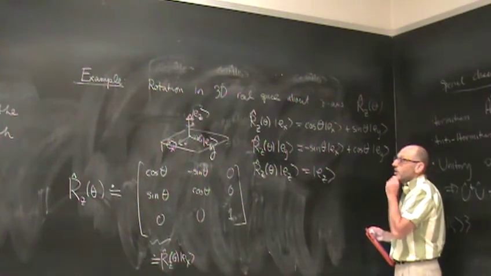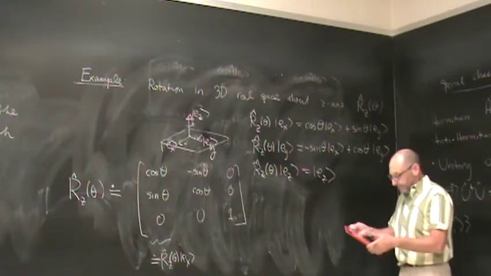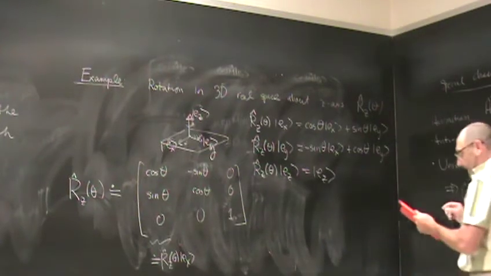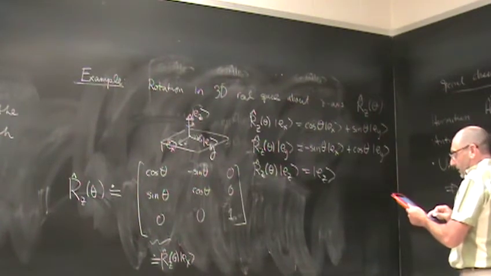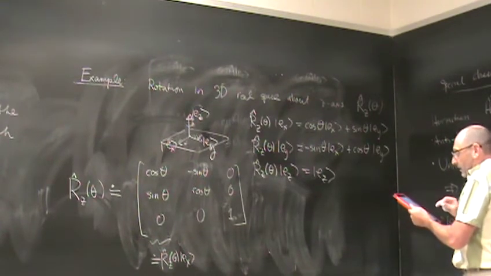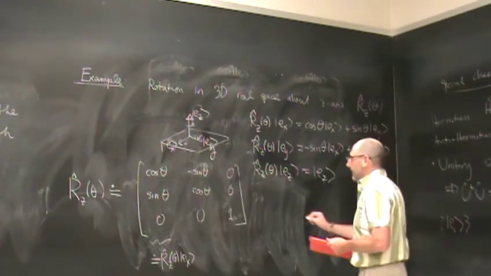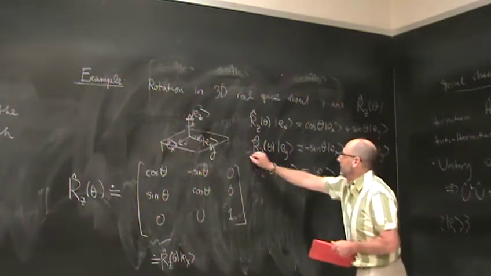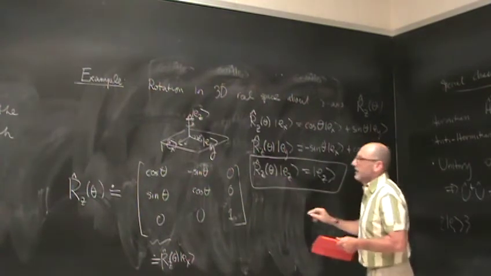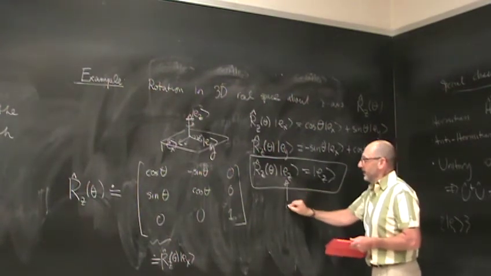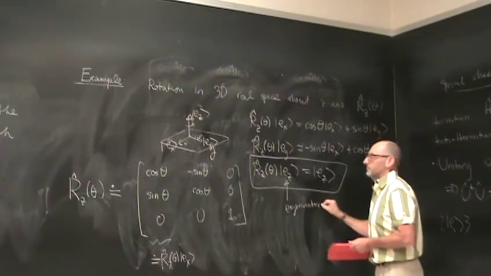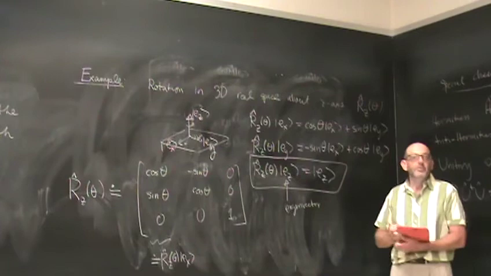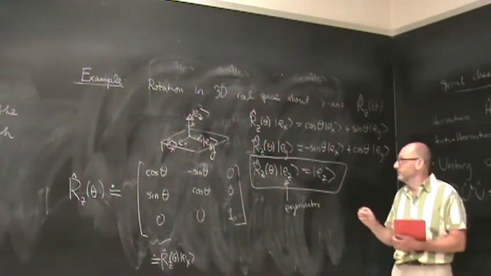All right. So, what was I going to say? Oh, yeah. So this is the rotation matrix. We can see immediately here that this is an eigenvector. And what's the eigenvalue? +1.